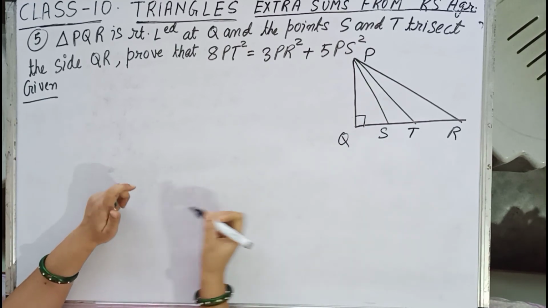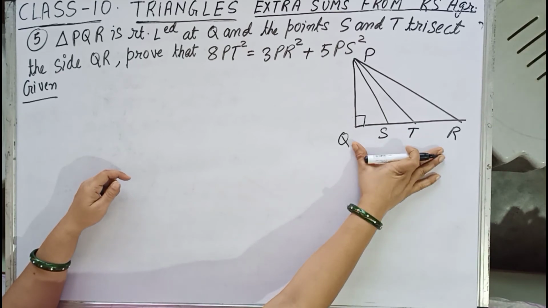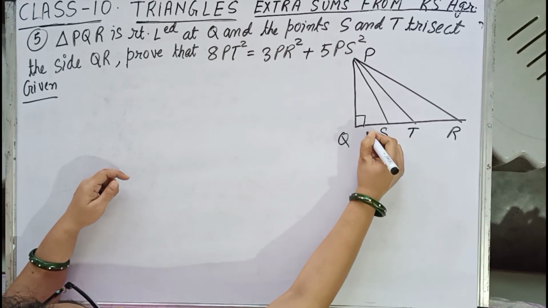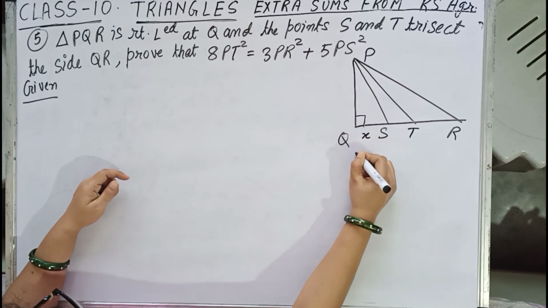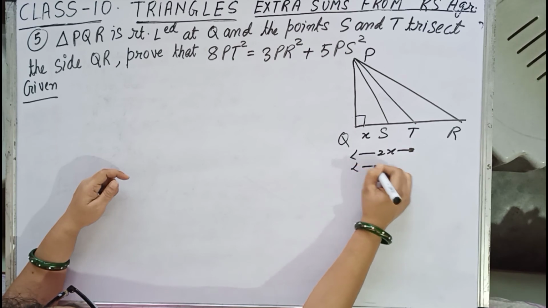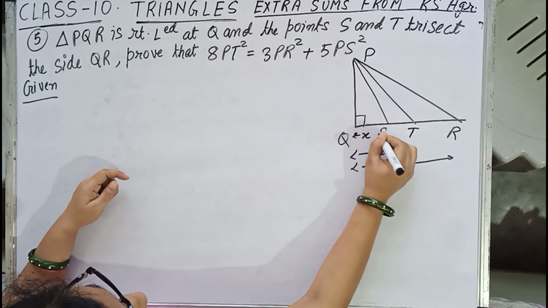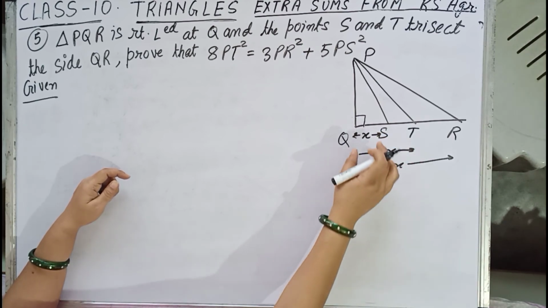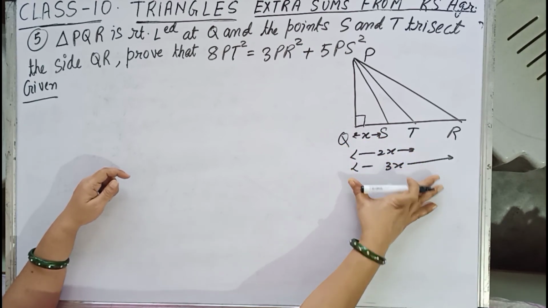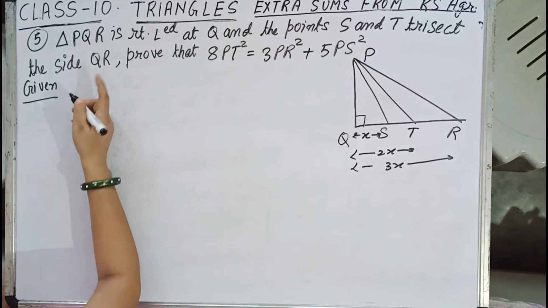Here it is given, children, that S and T are the points of trisection of the side QR. So if I take this QS distance as x, then QT distance will be 2x and QR distance will be 3x units. I think no confusion in this. So let us proceed on.